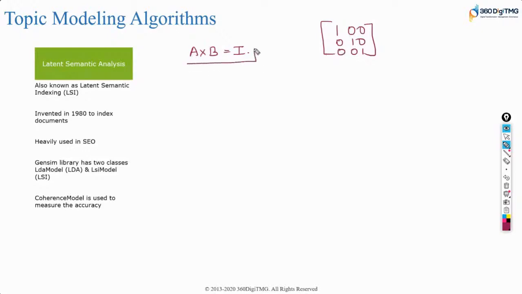If you have such a representation, then B is equal to A inverse. A, B is right inverse of A.